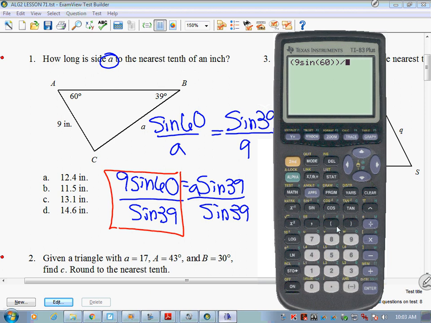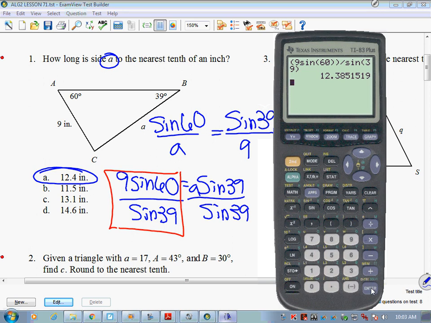Divided by sine 39. And I get 12.3, 12.39, or sorry, 12.38. We want it to the nearest tenth of an inch. So what am I going to write up here? 12.4 is my answer. Do we understand the concept behind this so far?